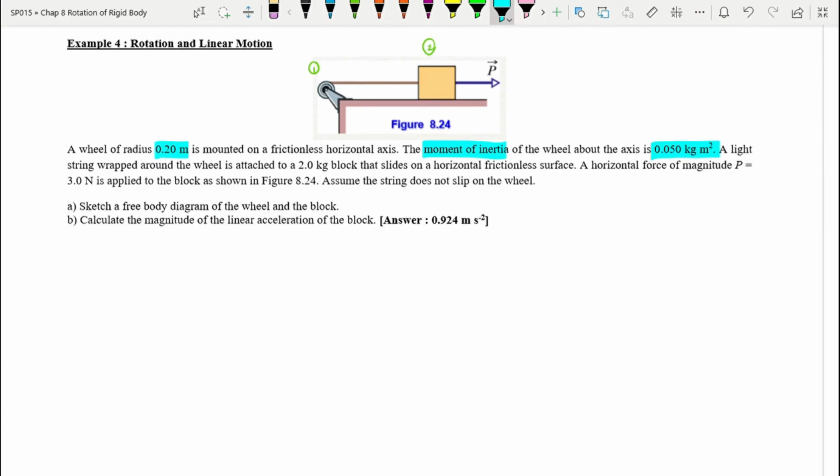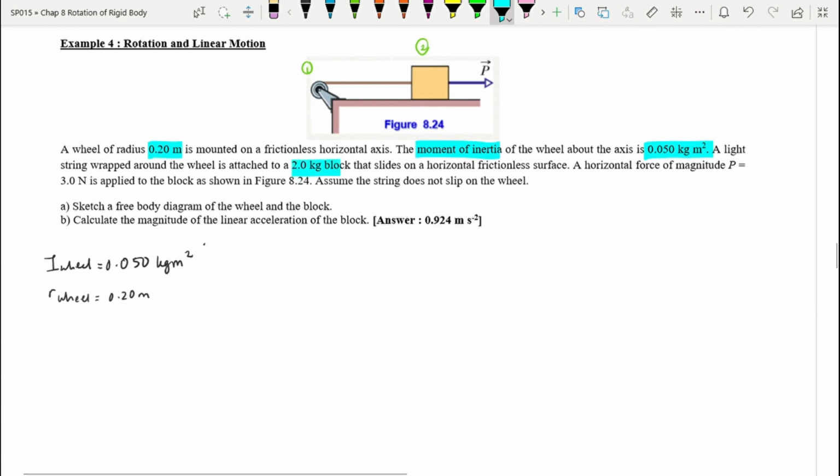Okay, so kita tulis dululah apa information yang penting yang diberikan. So basically I of the wheel is 0.050 kg meter square. Radius of wheel is 0.20 meter. A light string wrapped around the wheel is attached to 2.0 kg block that slides on the horizontal frictionless surface.